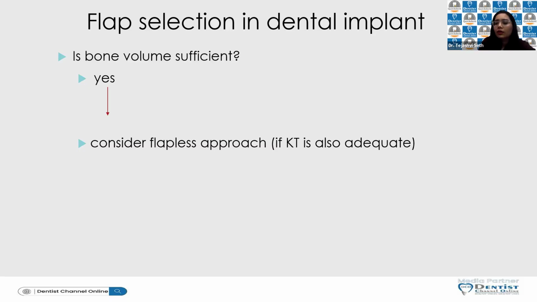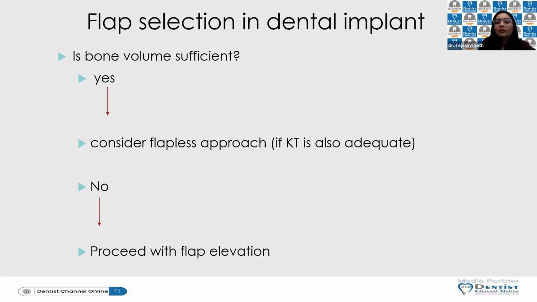But again, if it is not, then you can even manage in your second stage surgeries with your CTG grafts or your FGG grafts. But if not, see, soft tissue always follows the bone. If there is no bone, there will be no soft tissue. So it has to go in a very reverse manner. You have to think of your bone first and the rest follows.